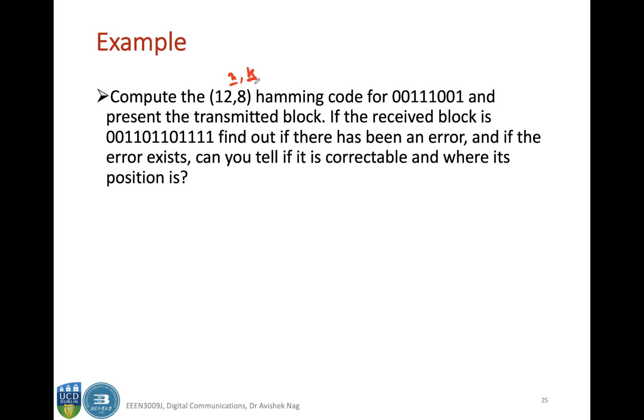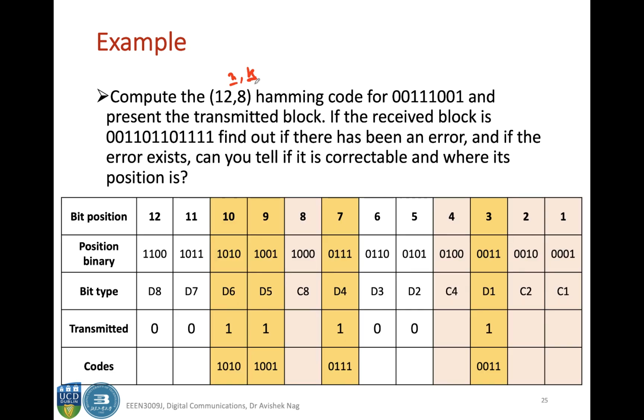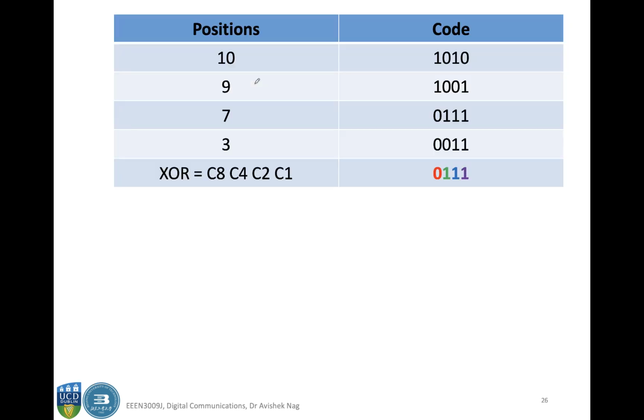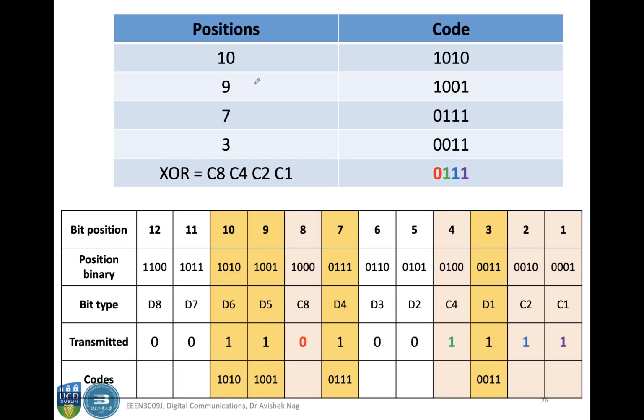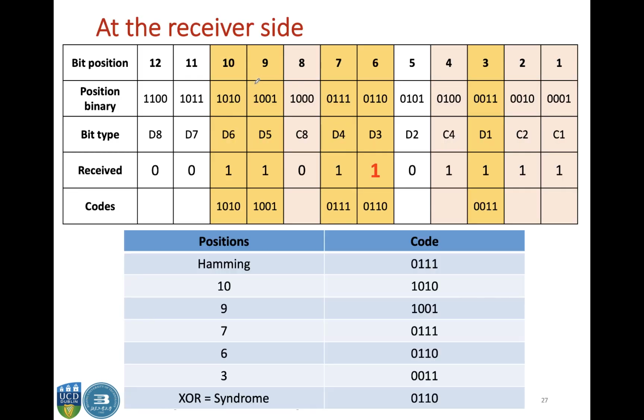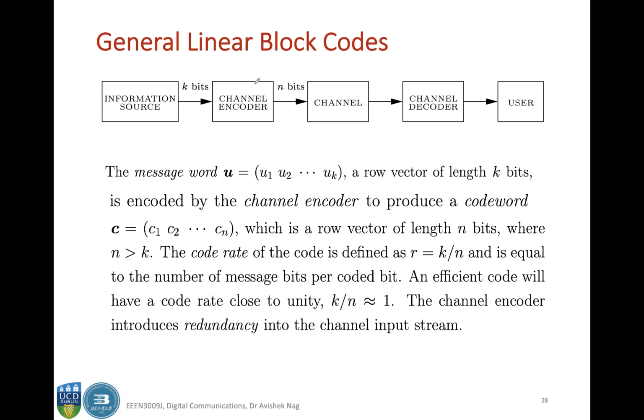They are all defined by this N, K, and we saw in the last class how we can design the check bits, how we can generate the code words, and then when we receive, how to decode if there is an error and how to find out which bit was in error.